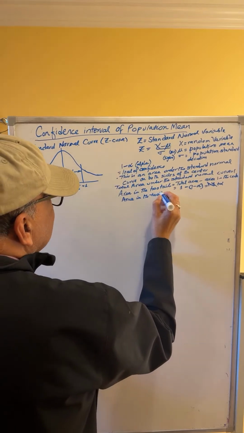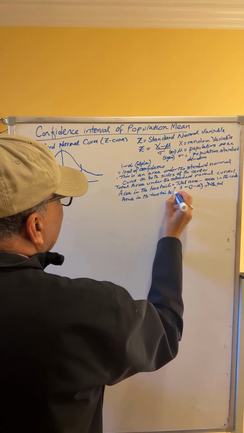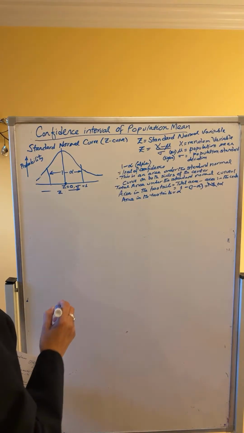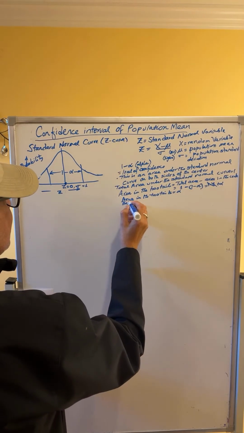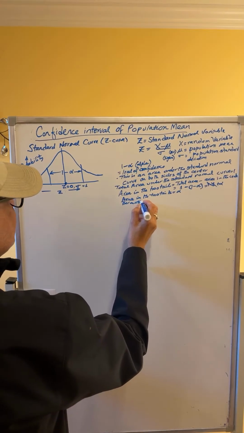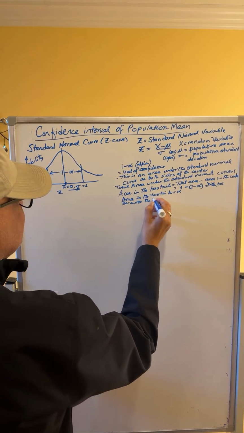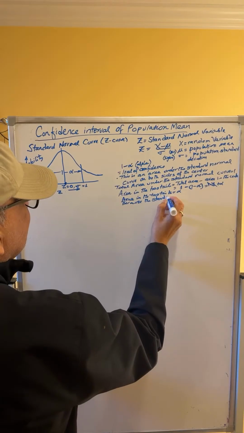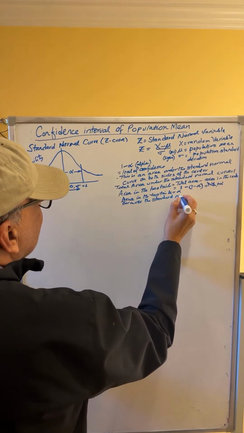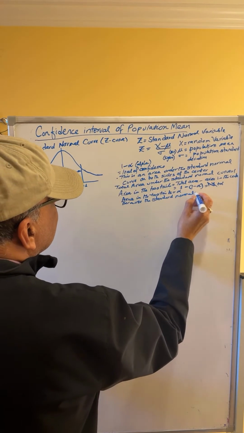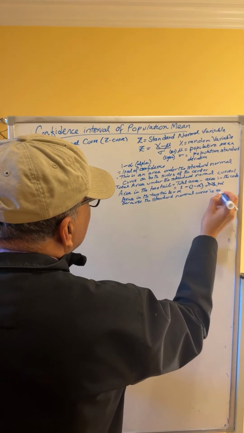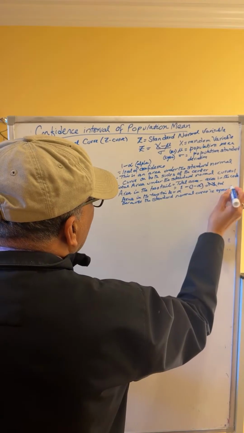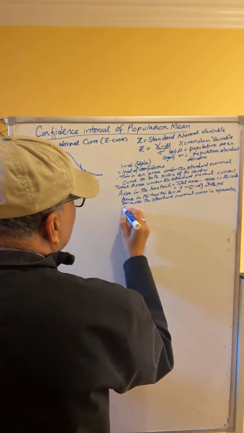One thing we have to remember is that the standard normal curve is symmetric. Symmetric means the left half is equal to the right half.